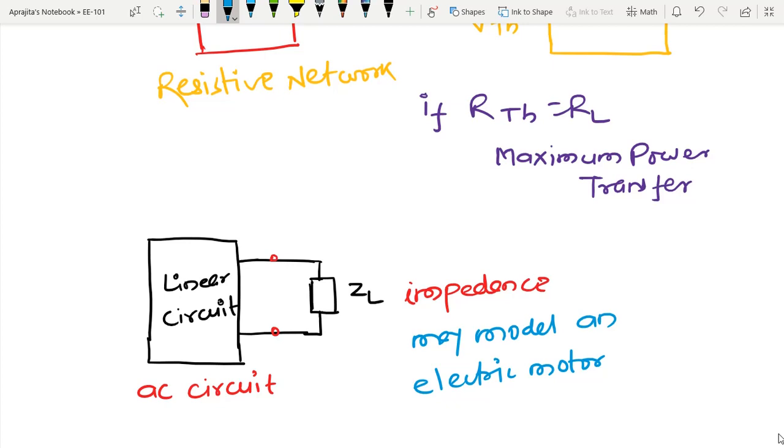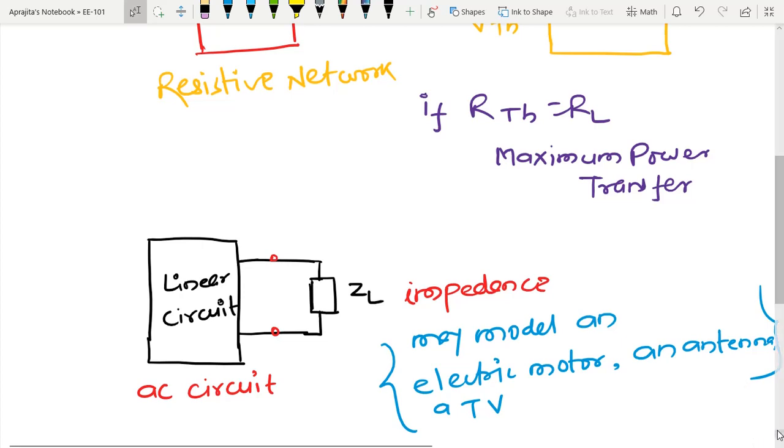So somehow I have to maximize the power to the electric motor, or if I have an antenna, then I am planning to maximize the power across the antenna, or if I have a television, we are doing the same kind of thing. These are some practical examples of this particular theorem, called the maximum average power transfer theorem, in the real world.